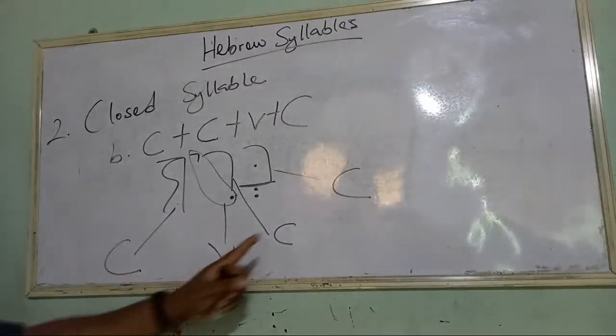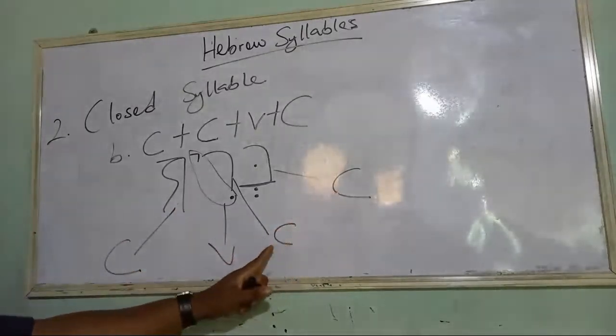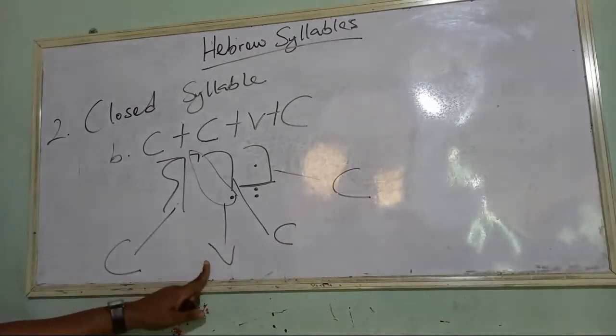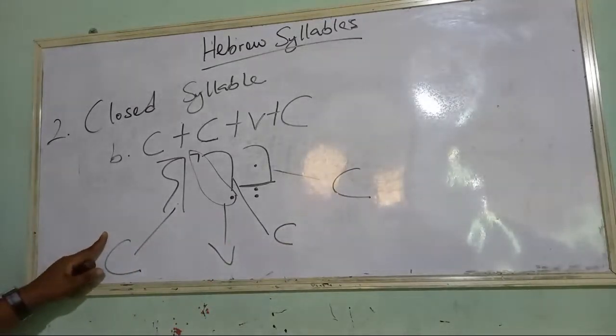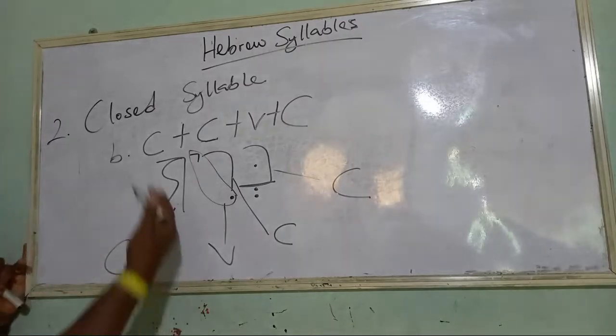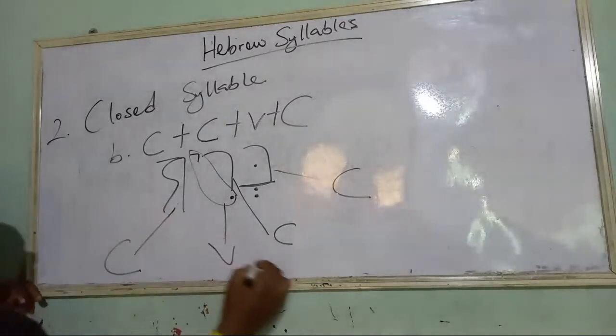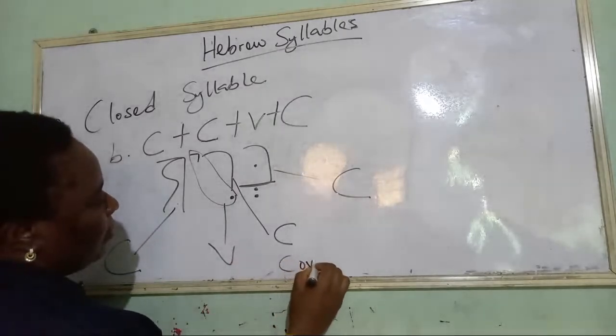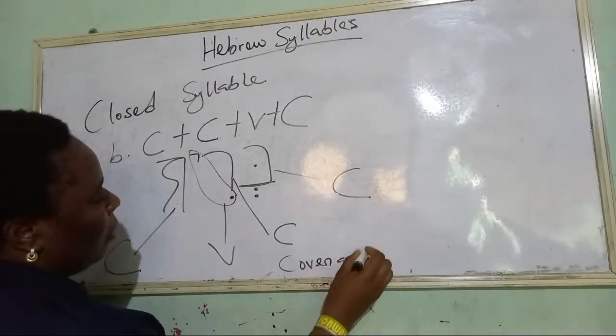So you have the pattern consonant plus vowel plus consonant. That is a closed syllable. The meaning of berit is covenant.